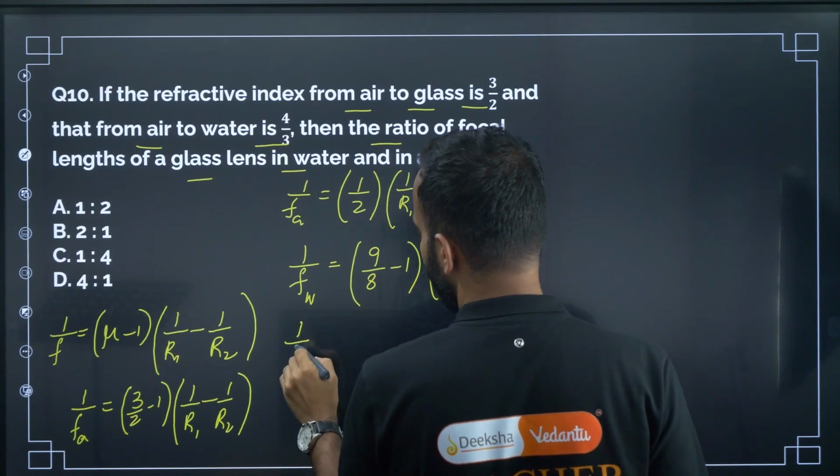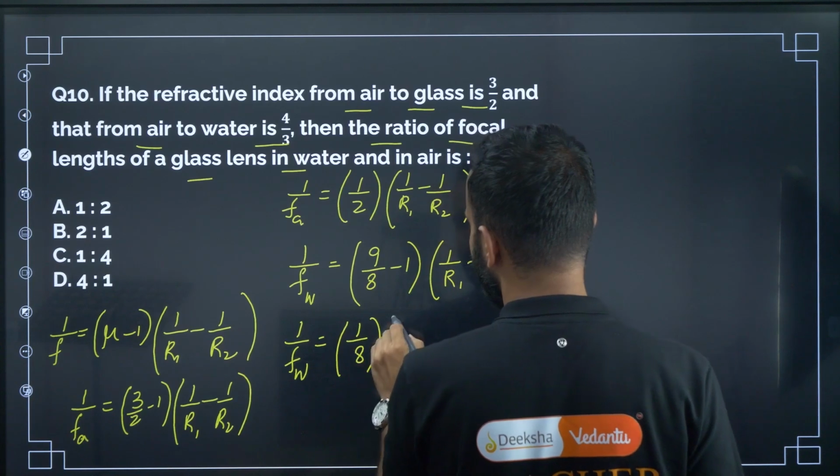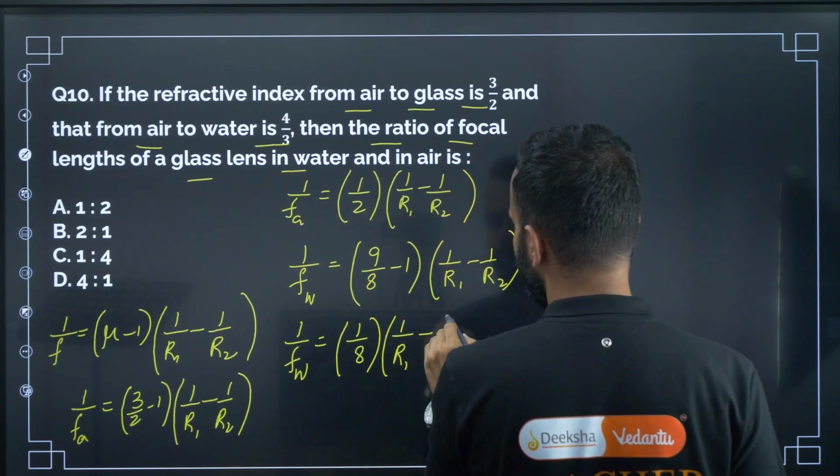So 1 divided by Fw is equal to 1 divided by 8 into 1 by R1 minus 1 by R2.